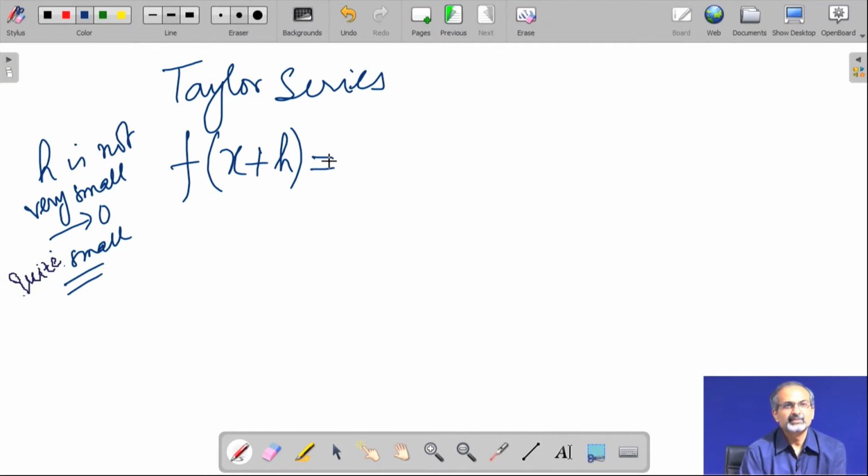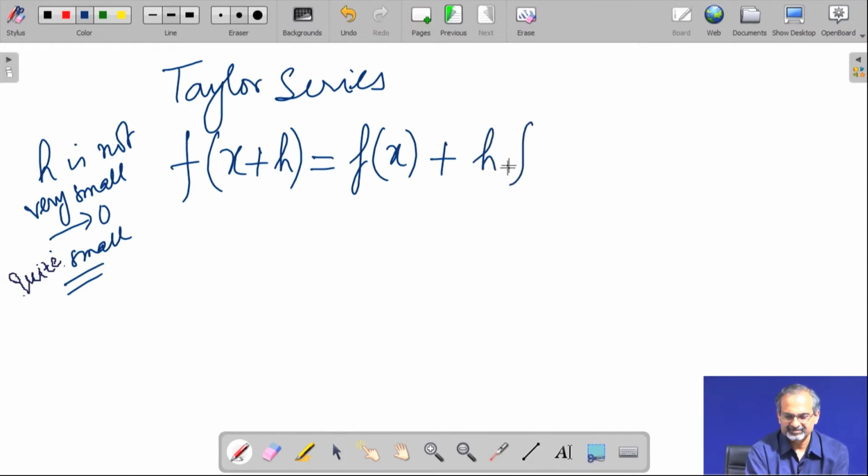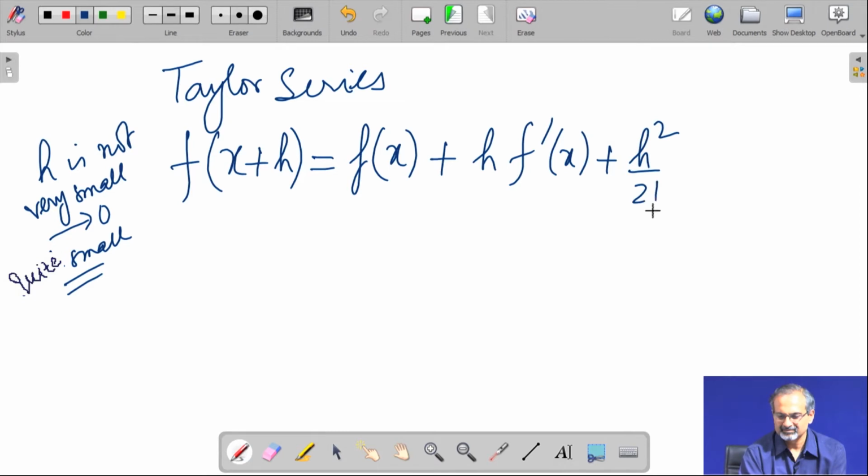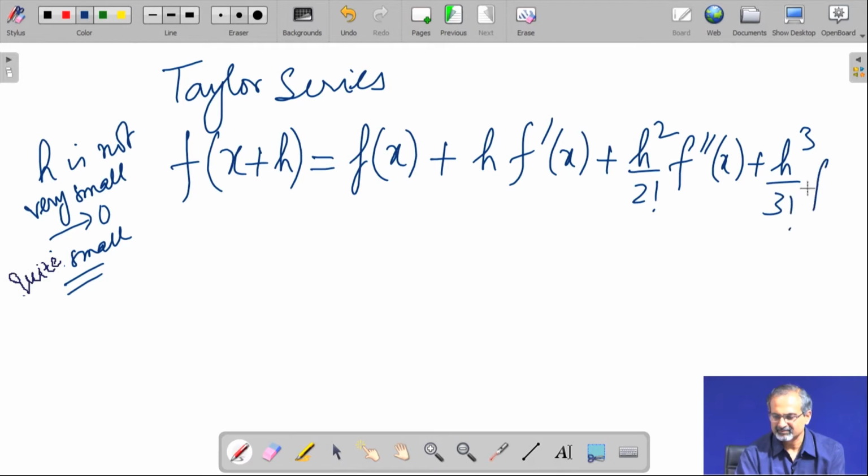F of x plus h could be written as, and more terms to come, because it is an infinite series after all.